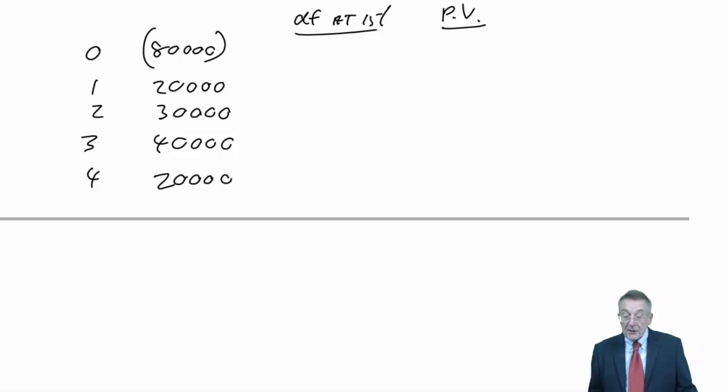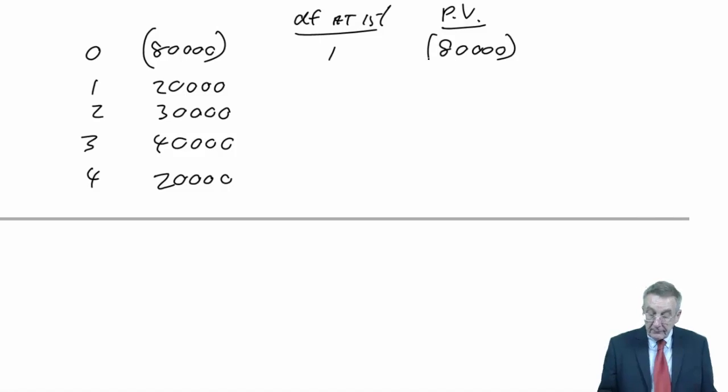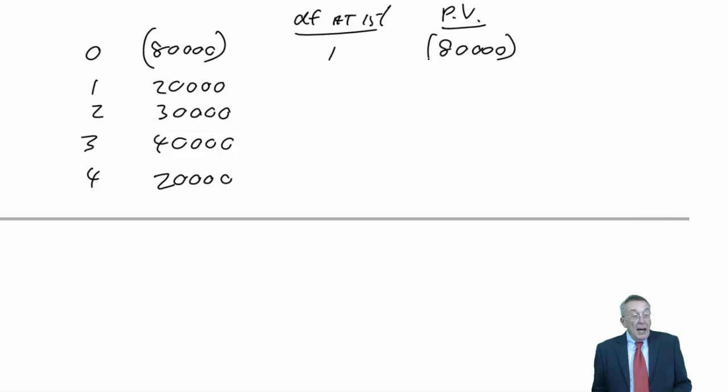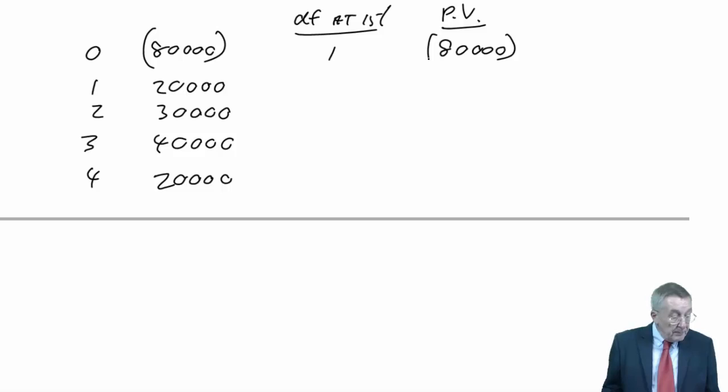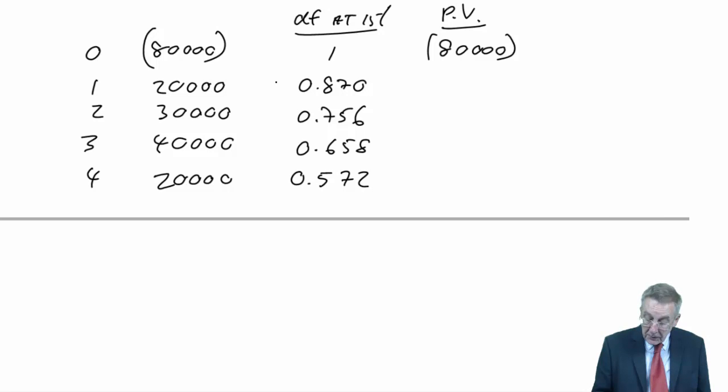And so using the tables again, 80,000 now has a present value of 80. At 15%, for 1 year, the discount factor is 0.870, for 2 years, 0.756, for 3 years, 0.658, for 4 years, 0.572.